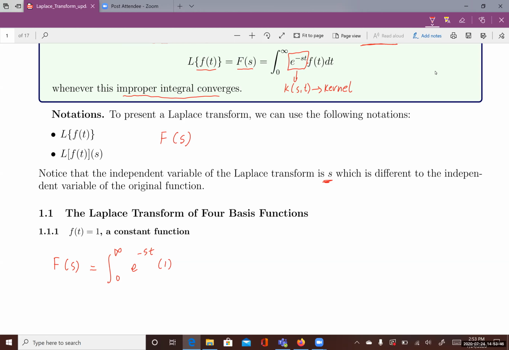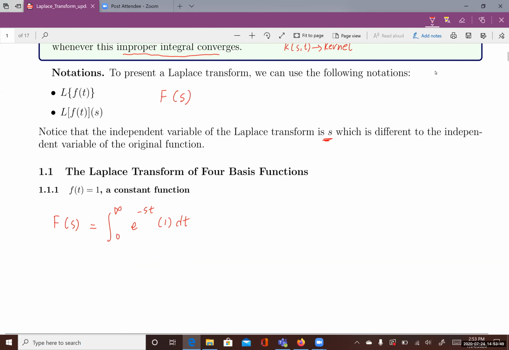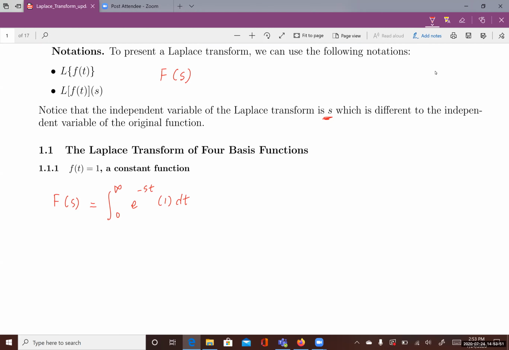In this case, it is 1. And then you know that this is an improper integral, so you want to transform it into a limit problem. You call a new variable, let's say a, goes to infinity of the integral from 0 to a of e to the negative st dt.